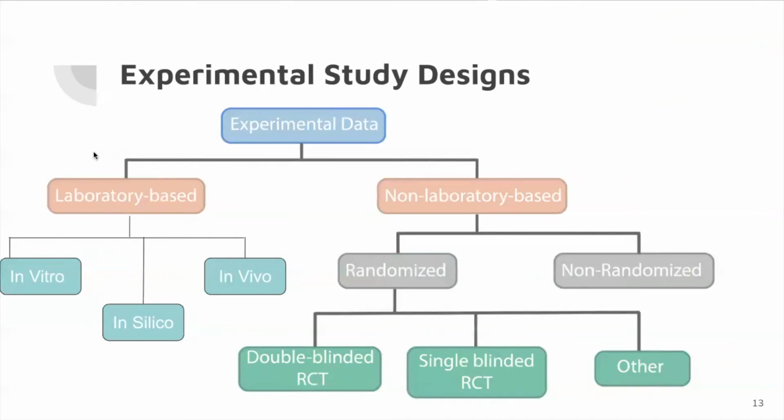We also can do studies in the lab, like in vitro, which means maybe we have a cell culture that we expose to something. In vivo would be an animal study. In silico is a model in a computer. In all of these we're making a change and seeing the results, so it's better for causality.